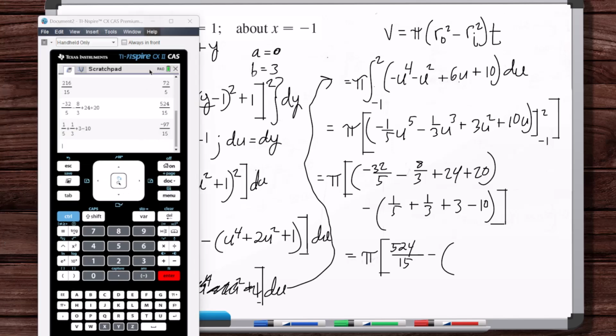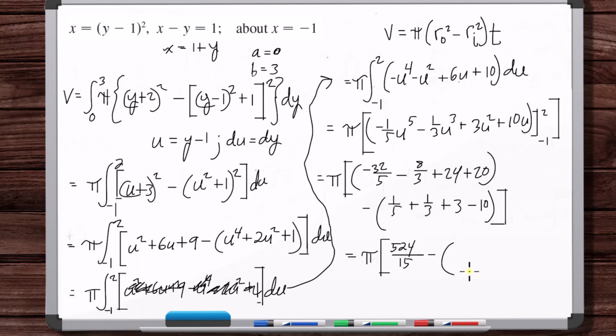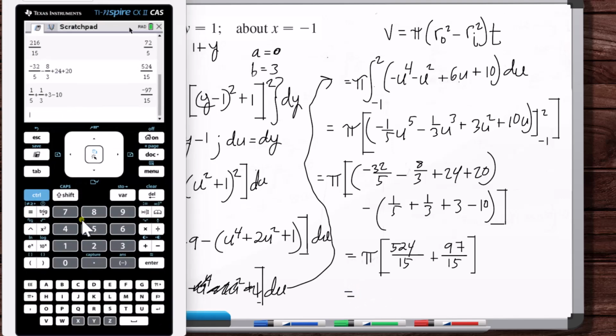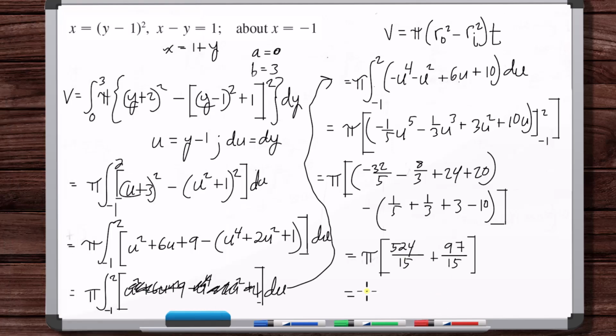Minus 97 over 15, so this is plus 97 over 15. Okay, 524 plus 97 divided by 15 is 207 over 5, which is still not the right answer.